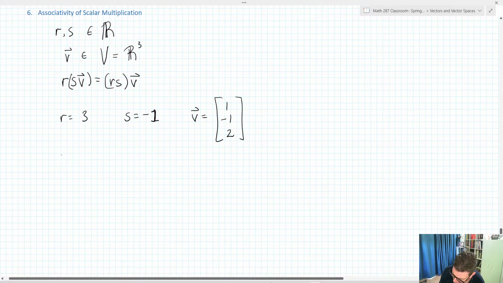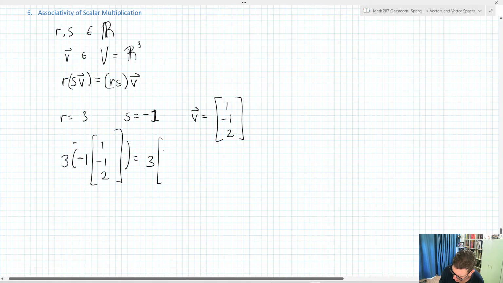Now, if I take r(sv), that's going to be 3 times, and we'll do this in parentheses, negative 1 times 1, negative 1, 2. And so that'll end up being 3 times negative 1, 1, negative 2. And that ends up equaling negative 3, 3, negative 6.